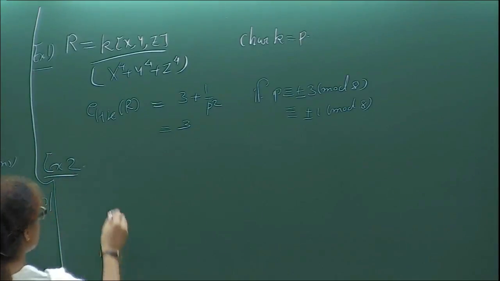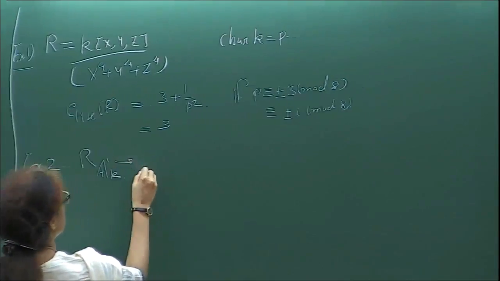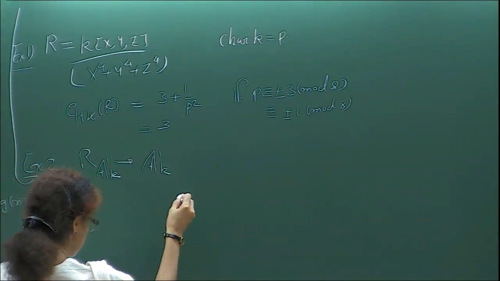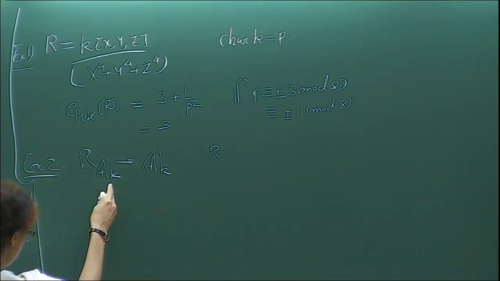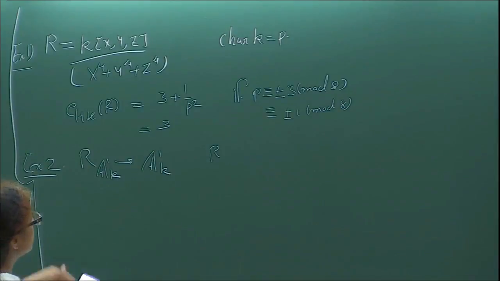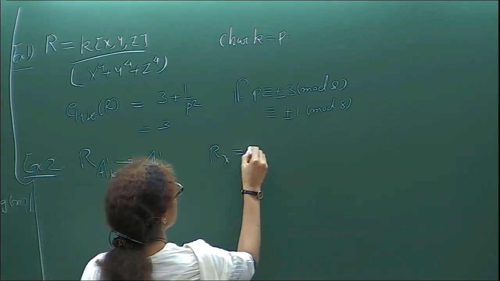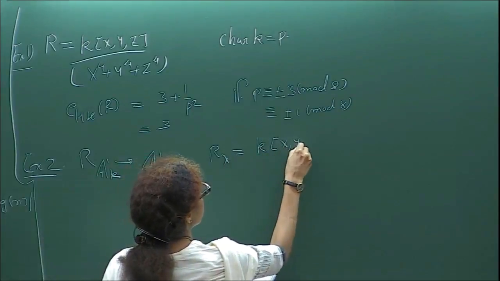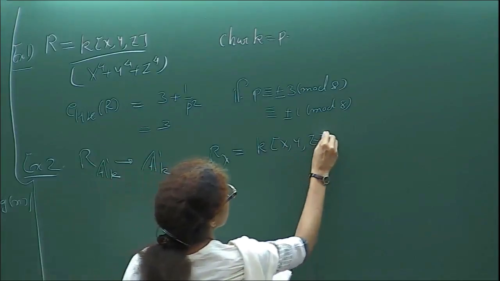Okay, then the other example he wrote is A1K. So A1K is a polynomial in one variable. So I'm looking at the curves parameterized by A1. So let R lambda be K X, fiber over the fiber over lambda.